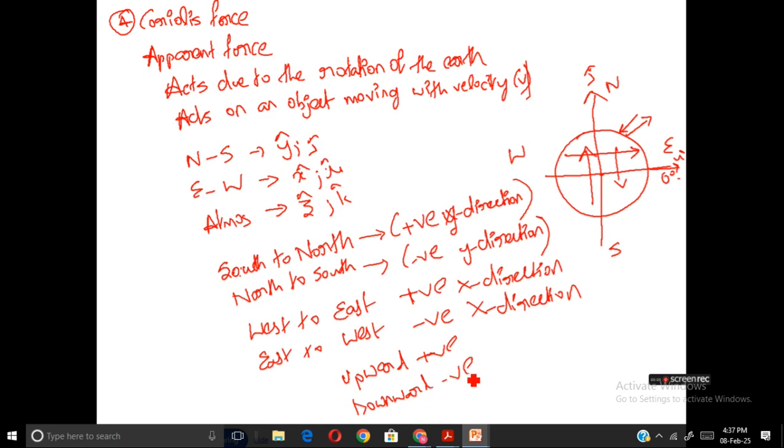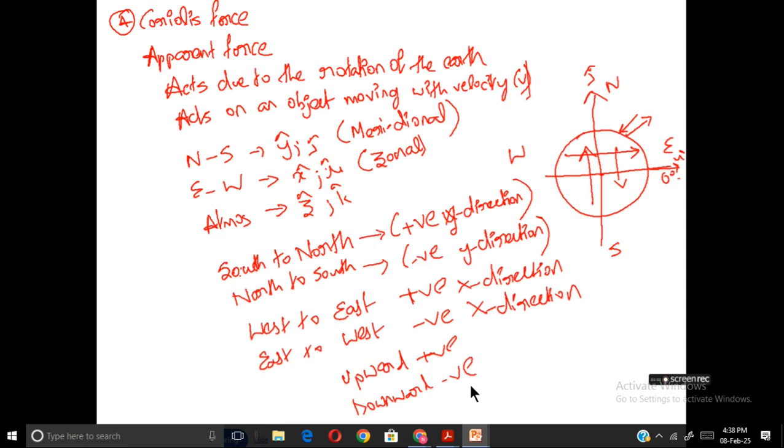Another important convention is that the north-south direction is known as the meridional direction, and the east-west direction is known as the zonal direction. So north-south is meridional and east-west is zonal, and z is the upward and downward direction. These are some of the sign conventions that will be helpful when we go forward.